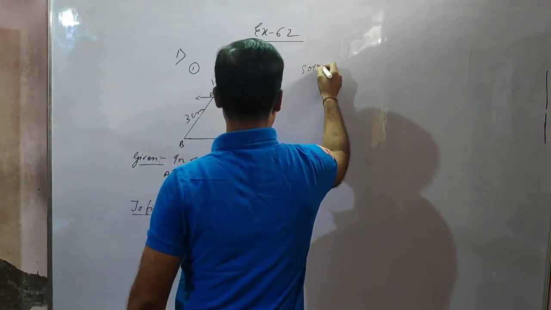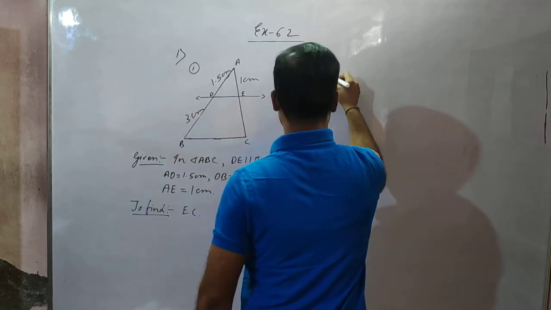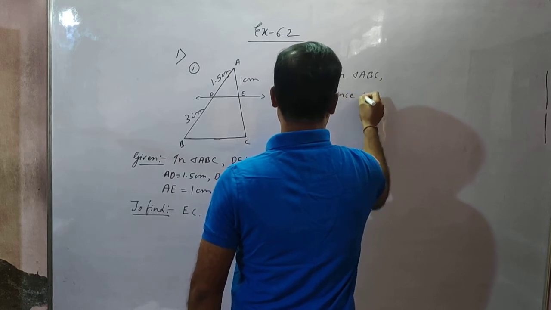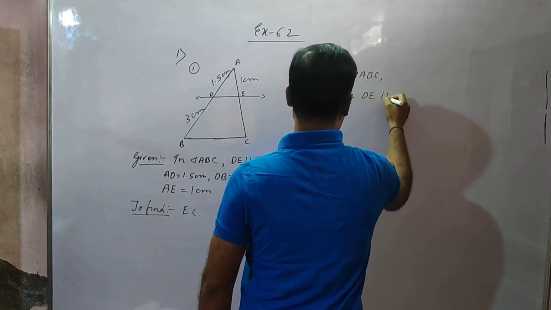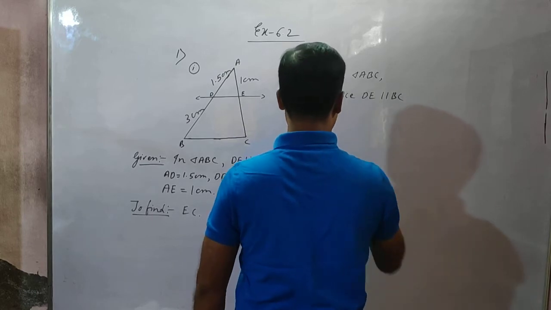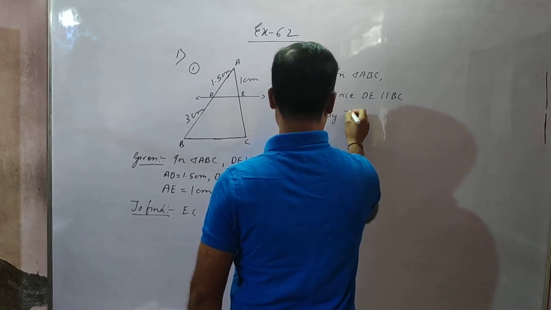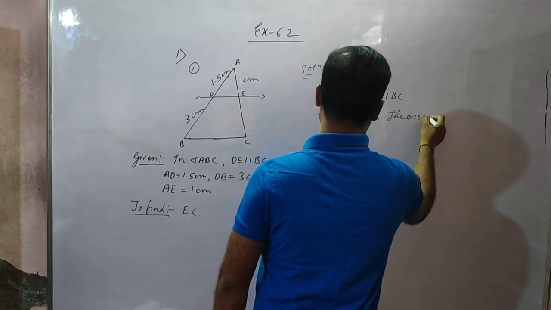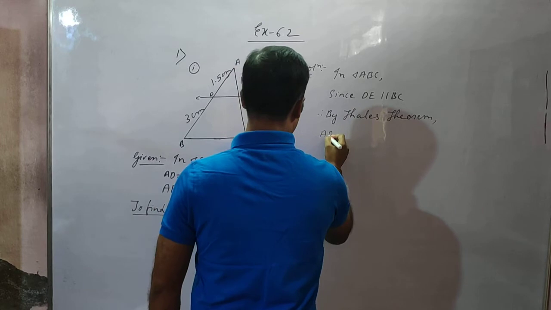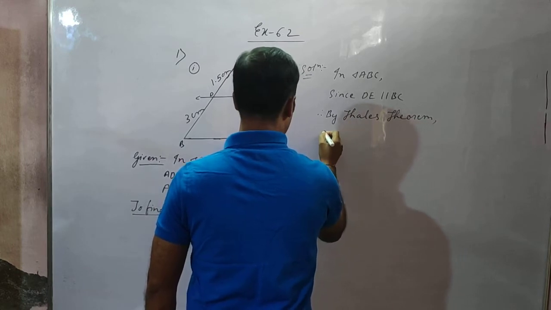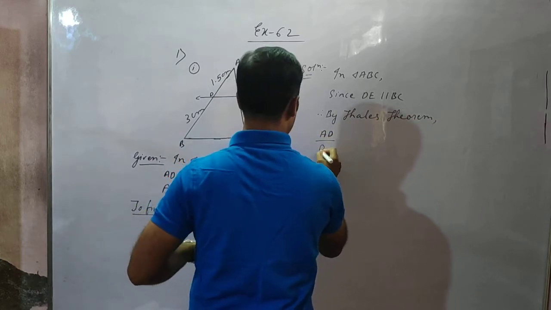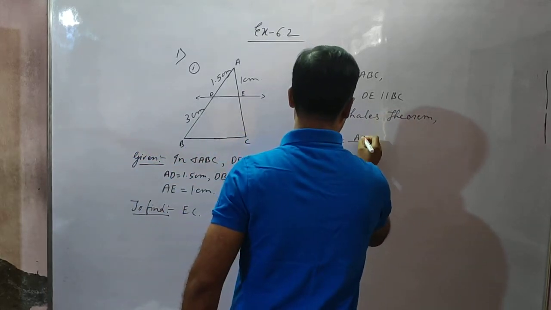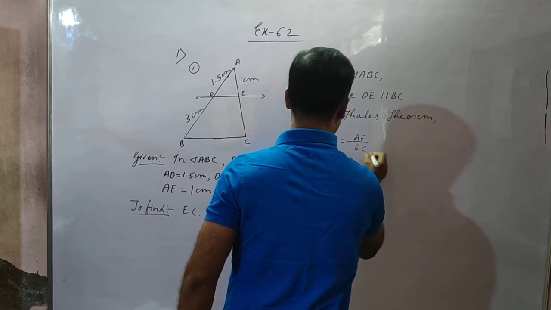So in triangle ABC, since DE is parallel to BC, therefore by Thales theorem, AD by DB is equal to AE by EC.